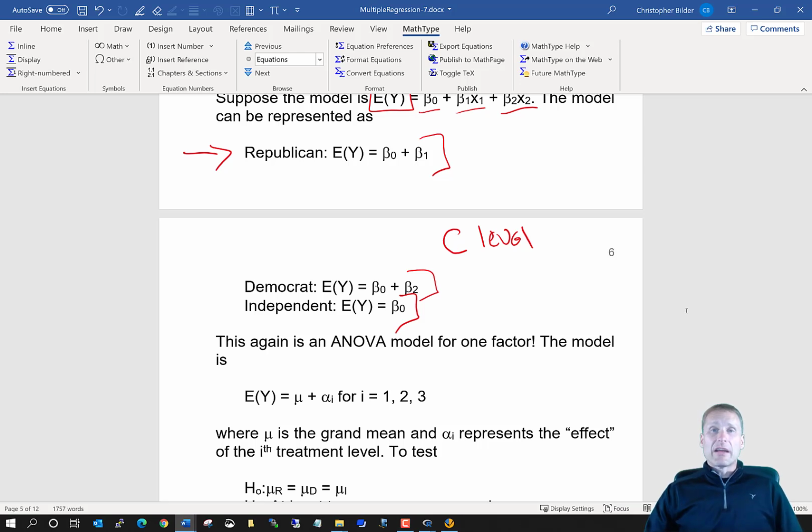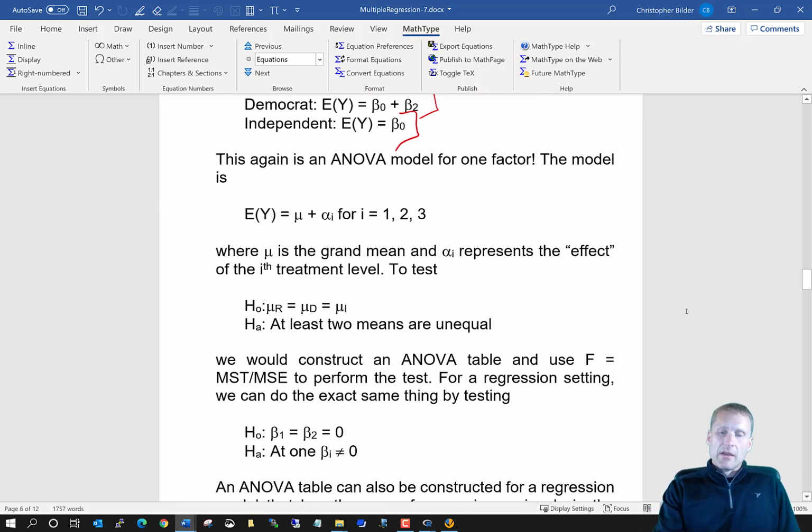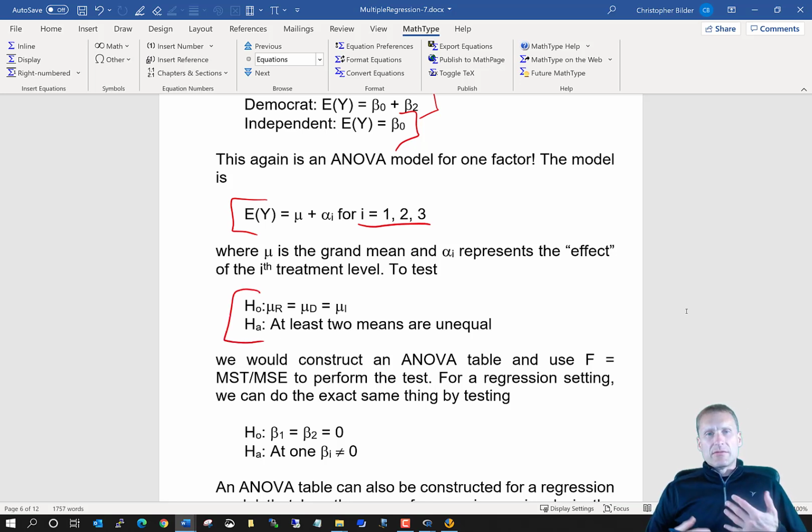Well, let's compare this now to an ANOVA model for one factor. Let's say we have 3 factor levels. We could write out the model in terms of a treatment effects model, mu plus alpha sub i. This model would allow us to do hypothesis testing, such as whether the mean for Republicans is equal to the mean for Democrats is equal to the mean for Independents.